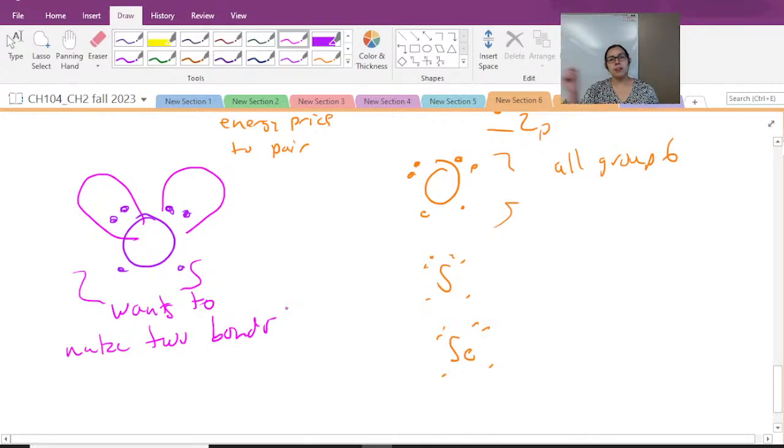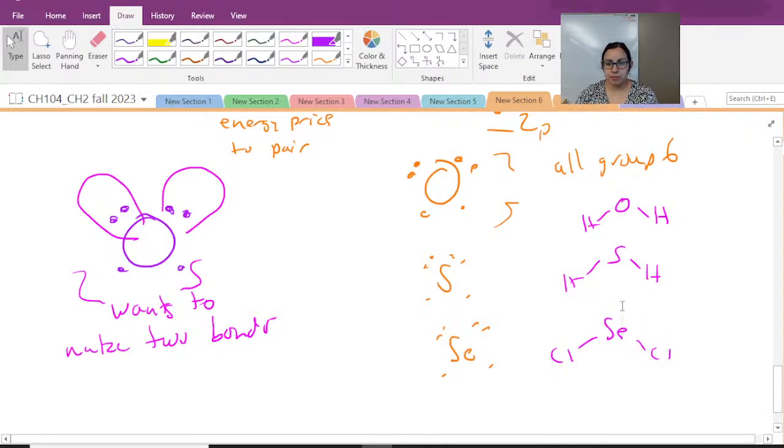And then we could go crazy coming up with all the different analogs of group 6 that look like this. And of course, water is our classic example. Sulfur dihydride would be the same. Selenium dichloride. This would be rare, but.